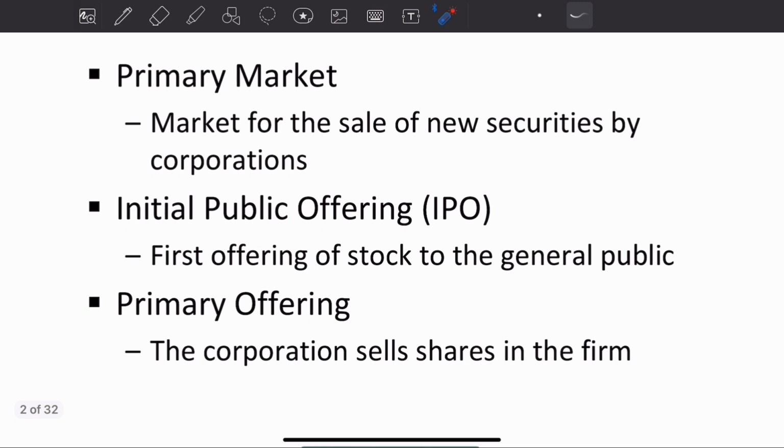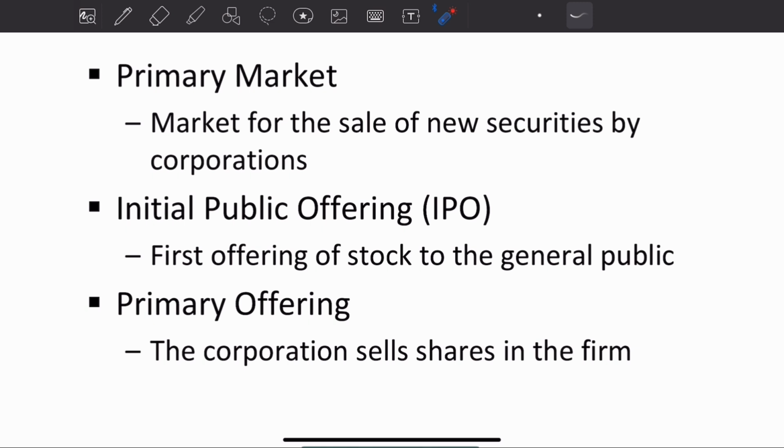Okay, so a company decides that they need some funding for the business, and they determine that the best way to acquire those funds is by selling a portion of the ownership of the business. So they arrange with the stock exchange in that country, and also in coordination with a specific bank that underwrites the whole operation, and they offer those shares to interested investors who then buy those shares.